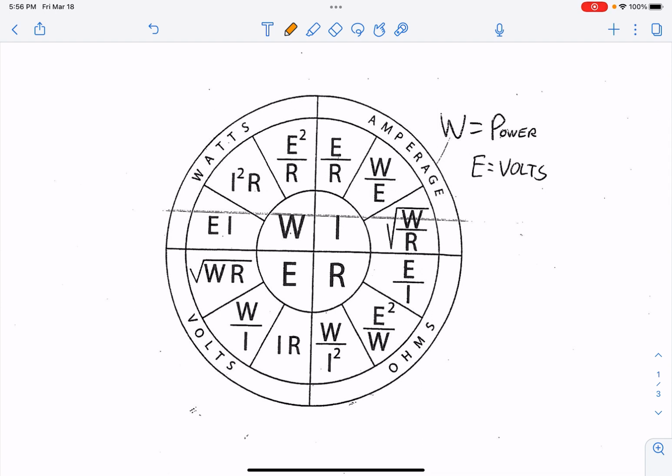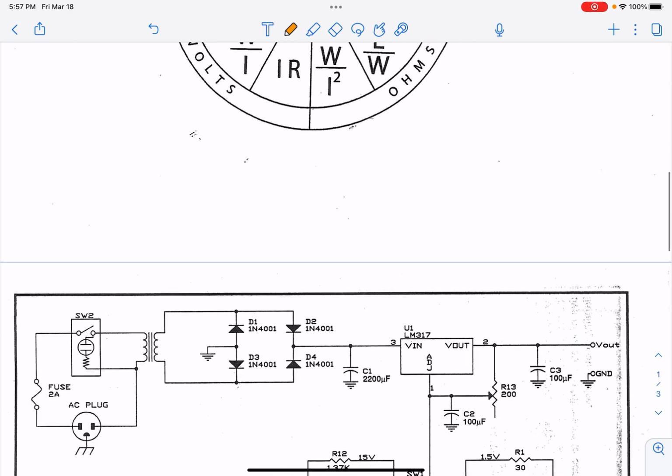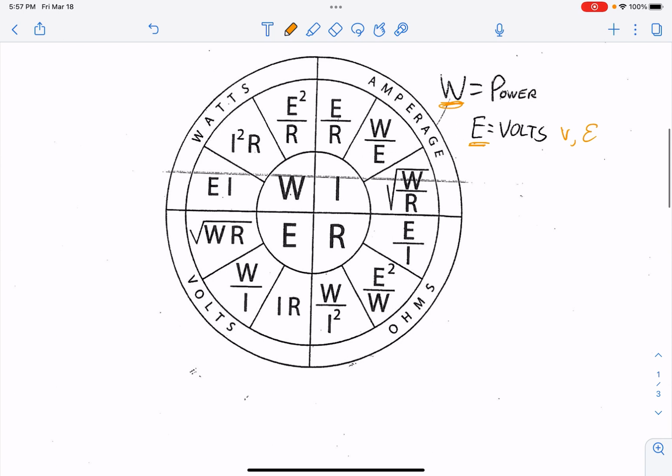This is an old diagram from way back where they're using W for power, which would be in watts, instead of the capital letter P for power. And they're using capital letter E for volts instead of V or the script E for the EMF. I should mention two things.